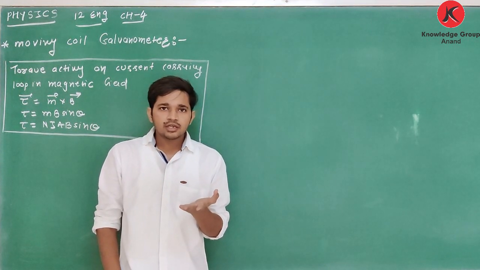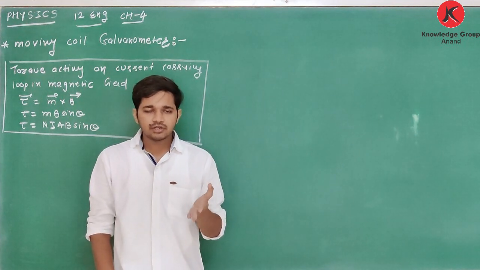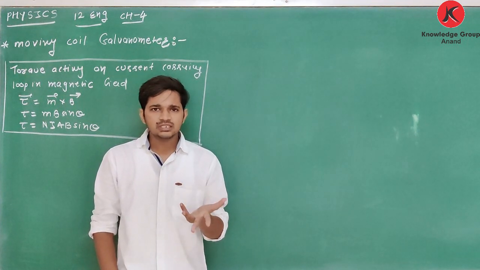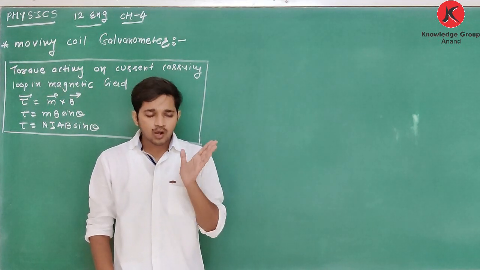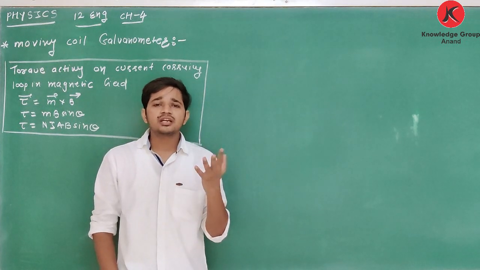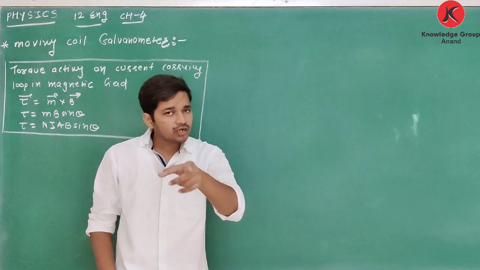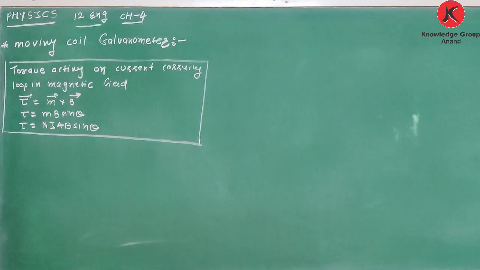To measure current you use an ammeter, and to measure potential difference you use a voltmeter. How are the voltmeter and ammeter formed? What is used to measure current and voltage? We use the moving coil galvanometer.